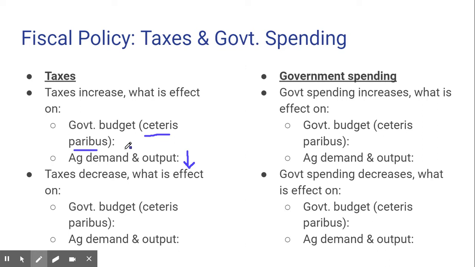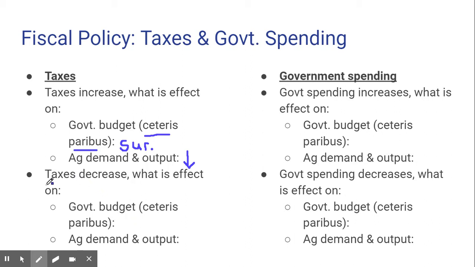As a result, the government budget is going to move towards a surplus. Because now the government is taking more money in, and they have more money in their vaults. Only the trade-off is they're taking more money out of the economy, which is going to decrease aggregate demand and output.